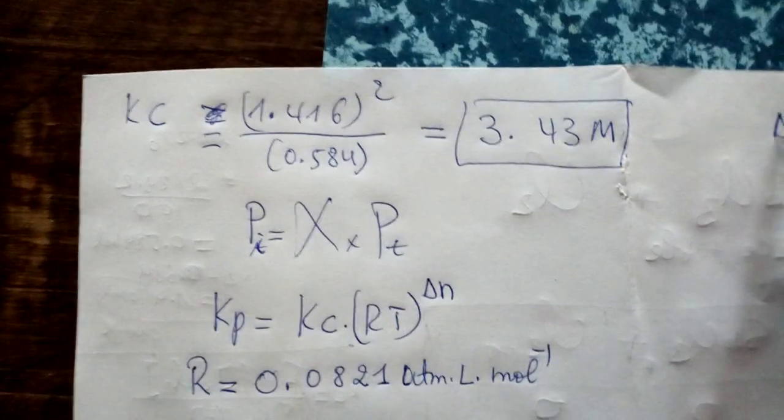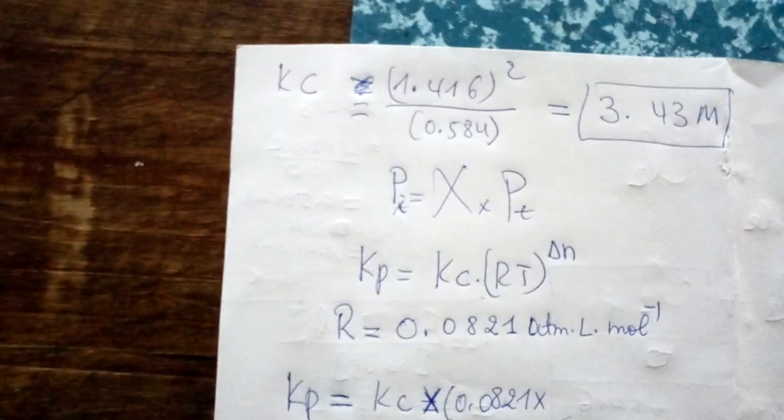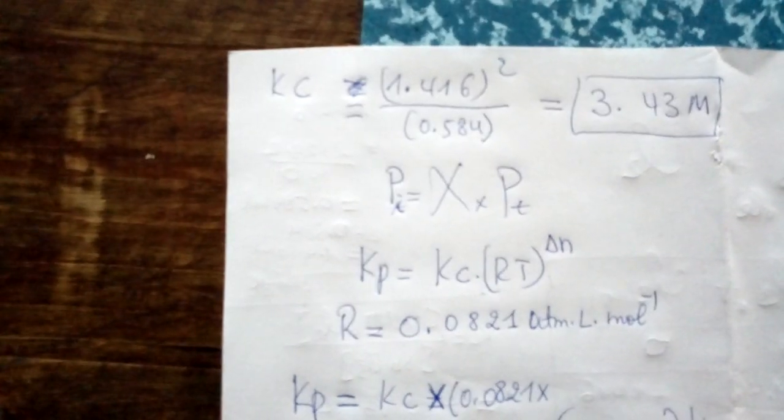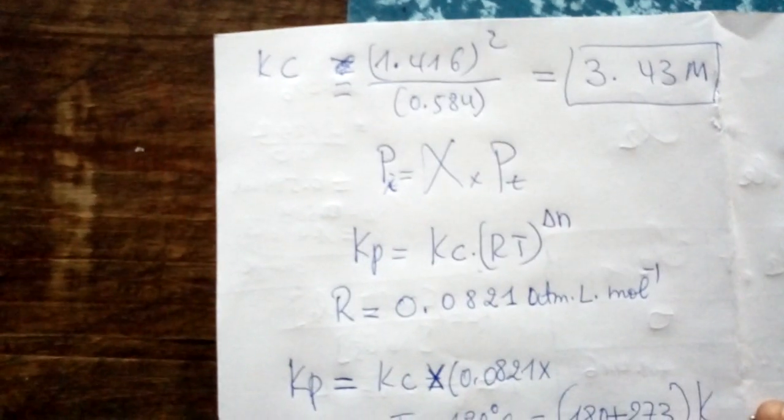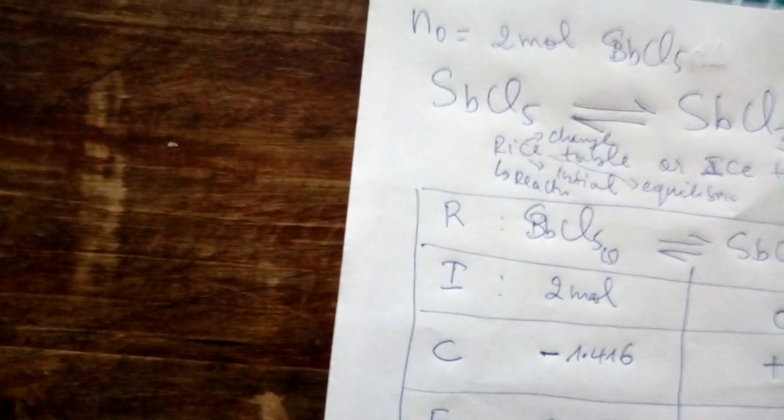What is delta n? What we have to understand in the equation that we started with is that we take forward minus backward.